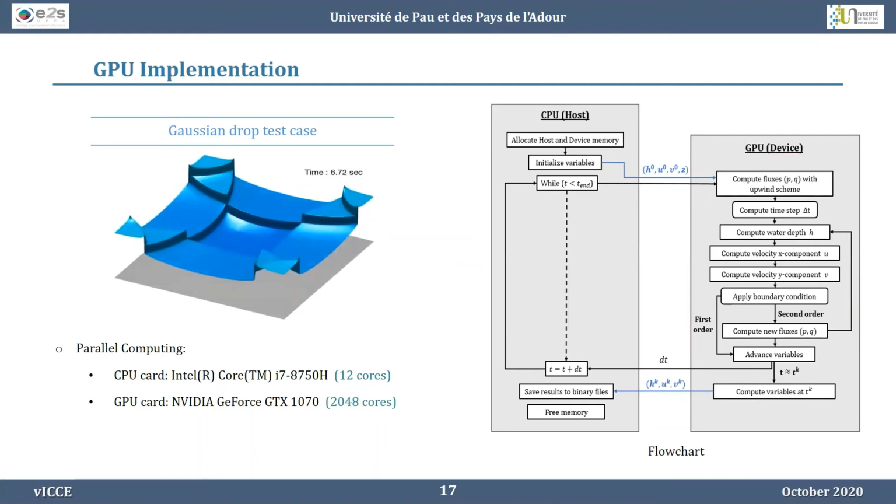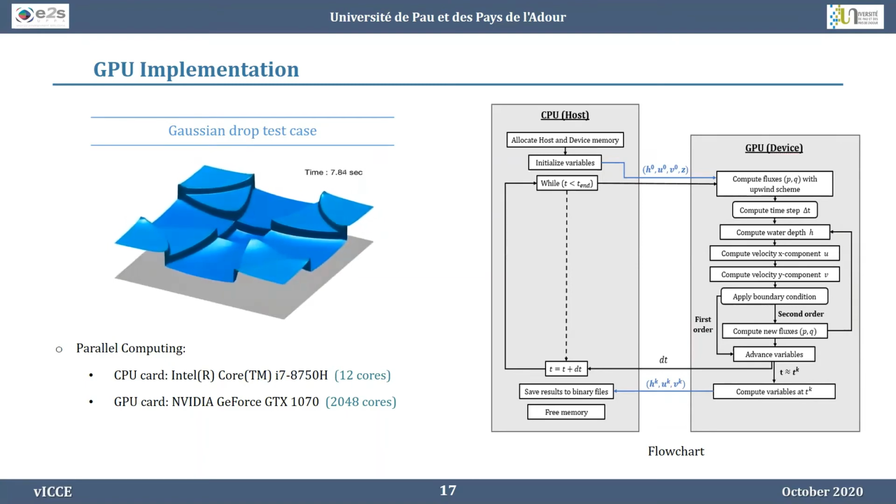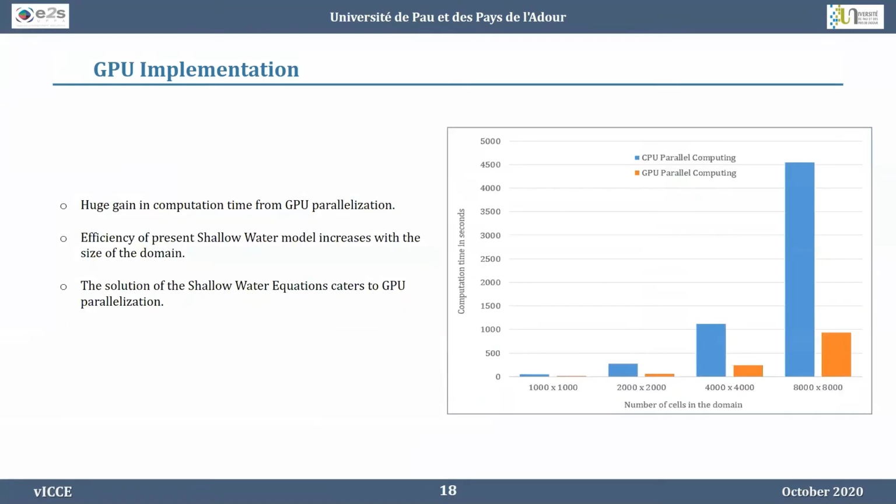For this comparison, we run the Gaussian drop test on both cards. As we can see from the graph, there is a huge gain in computation time from GPU parallelization. The GPU computations are around five times faster than the CPUs. Also, this proves that the solution of the shallow water equations caters very well to the GPU parallelization.